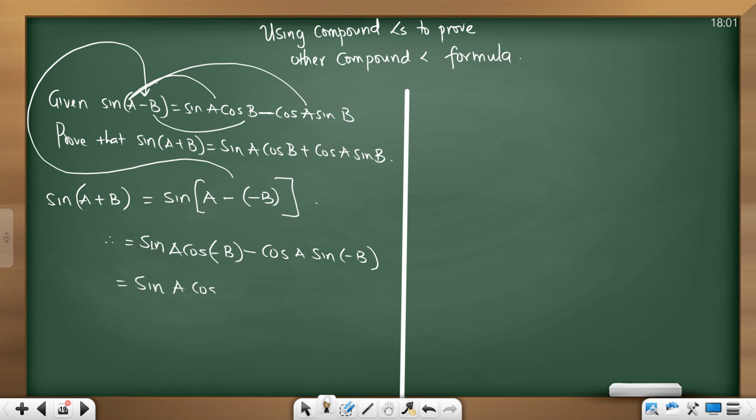Sine A cos B, but sine negative B is what? Negative sine B, which will multiply this negative and become positive. But let's do it like this for the examiner. We want them to see that we know what we are saying. Does that make sense? Now, negative times negative would give me what? A positive.